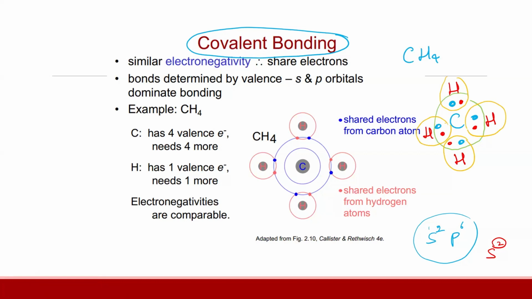To form covalent bonds, you need similar, close electronegativity, and bonds are determined by valence, how many S and P electrons there are, like carbon has 2 and H has 1. This is how they form by sharing electrons.